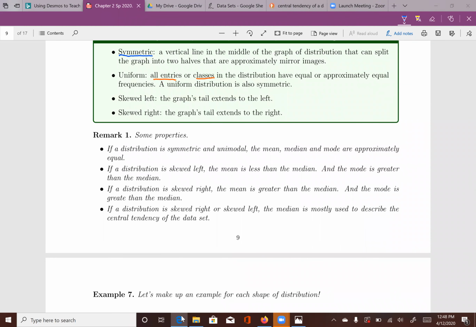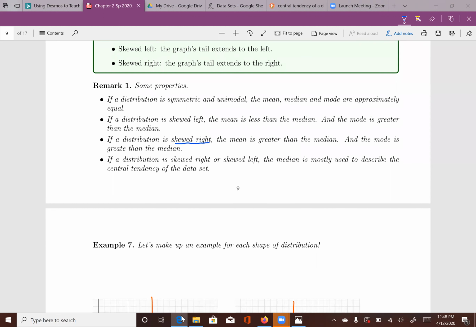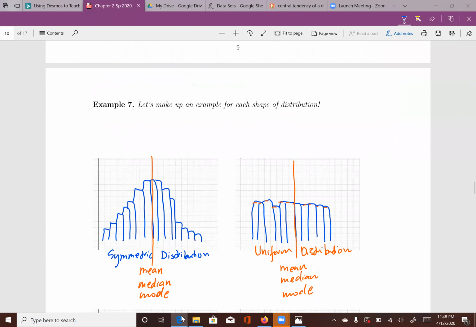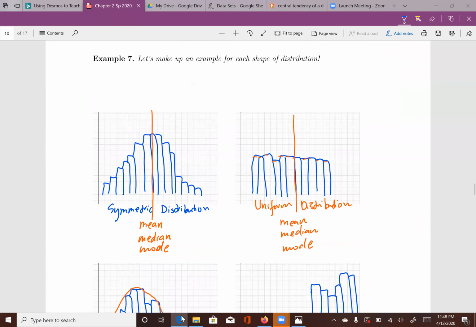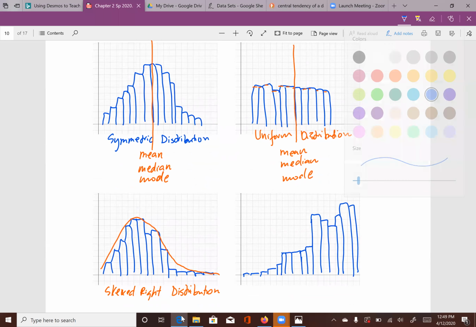In the skew right distribution, you see a lot of smaller values, so the median of the distribution has to be less than the mean of the distribution. So the median is less than the mean here.